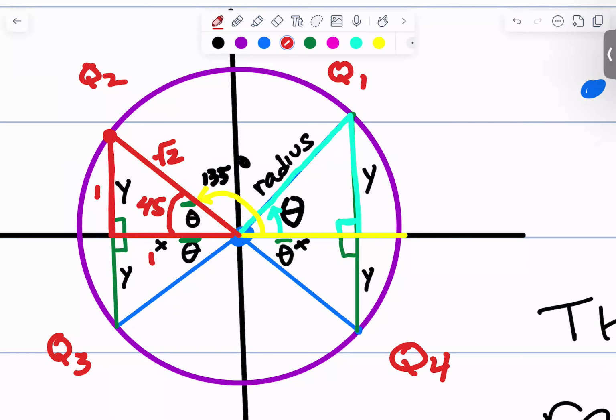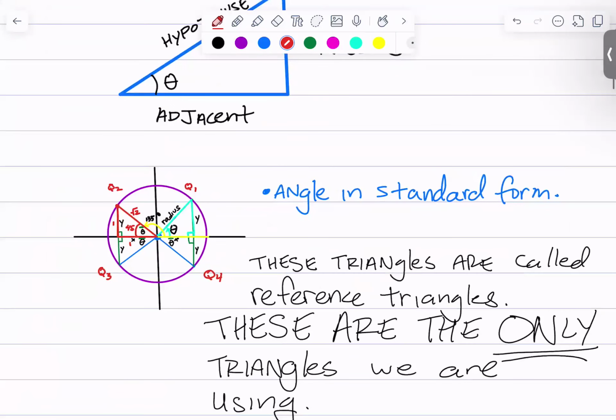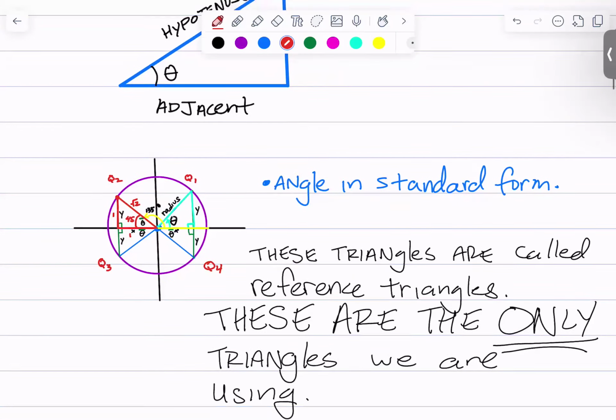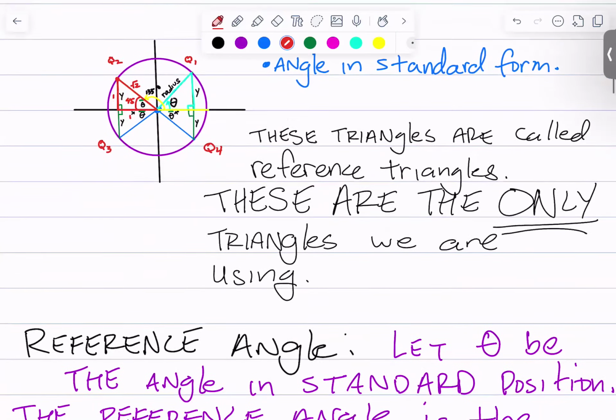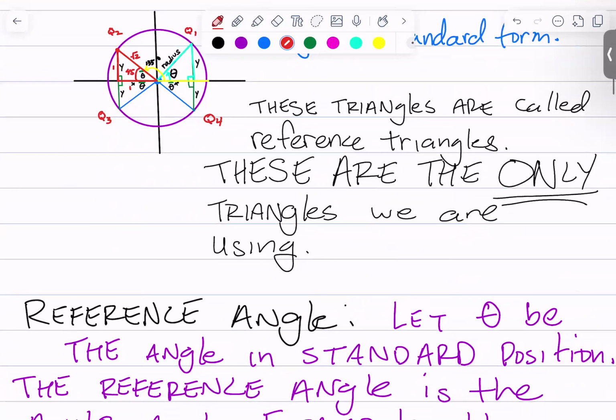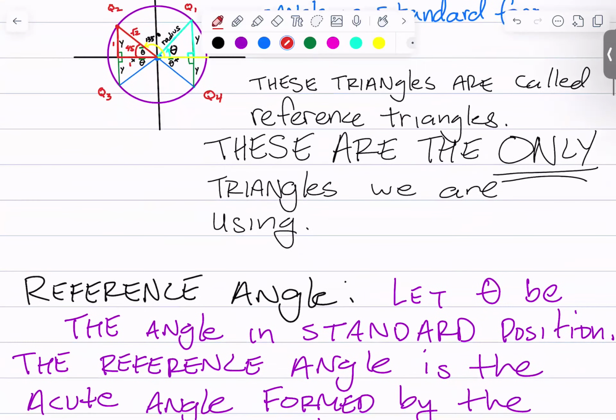Okay? And you guys see these four triangles? These are the only four triangles that we are going to be working with. They're called the reference triangles. Okay. So we're going to be dealing with that soon with our examples. So just take note of that.